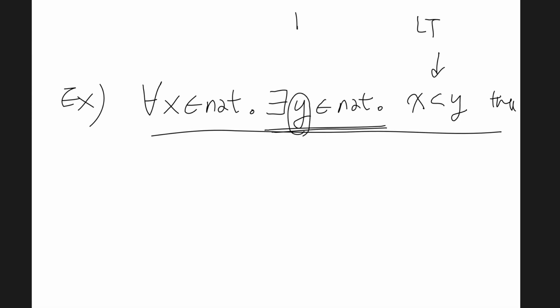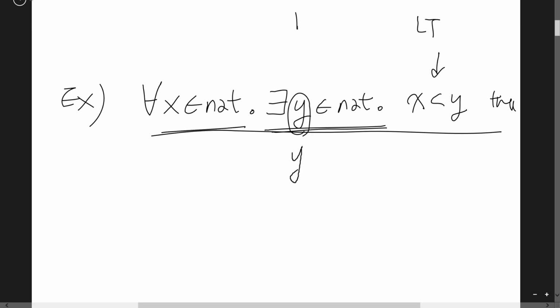And in this particular case, it's pretty easy to find such a witness. So for example, for every natural number x, we could choose successor of x as the concrete witness, because we know that successor x is always greater than x.